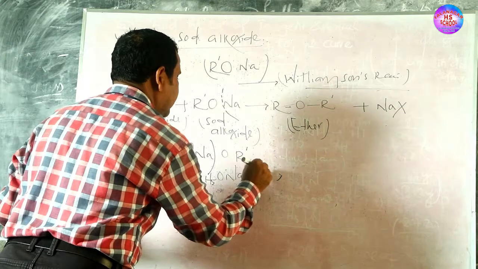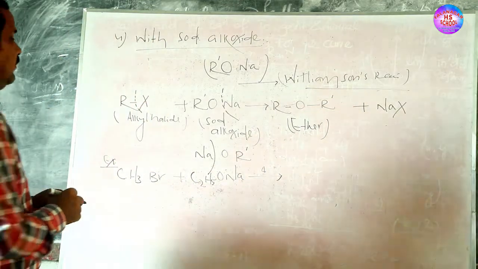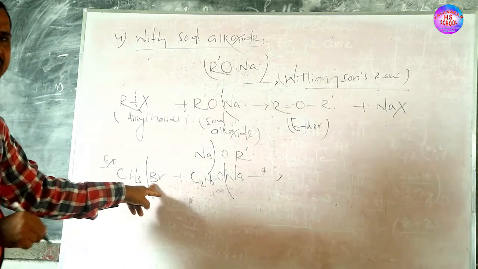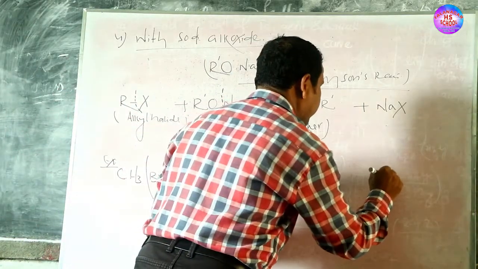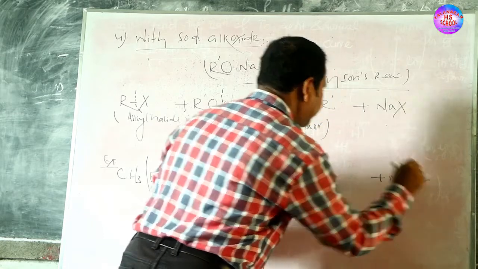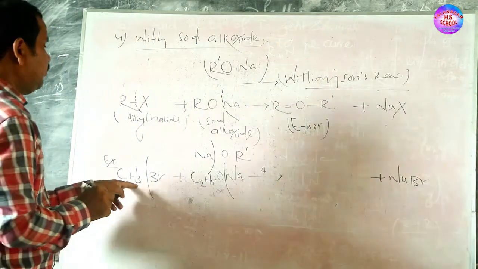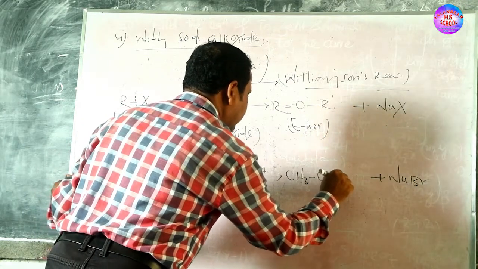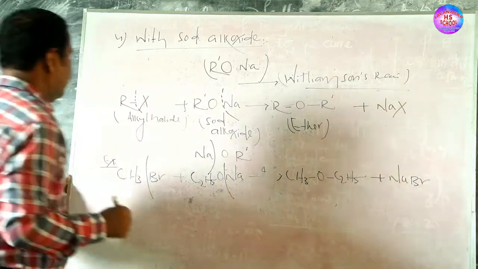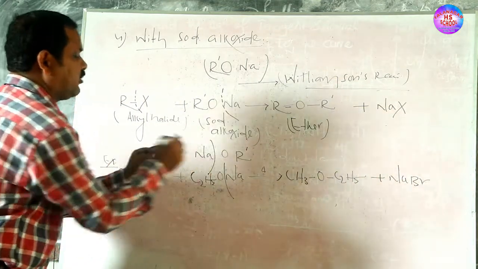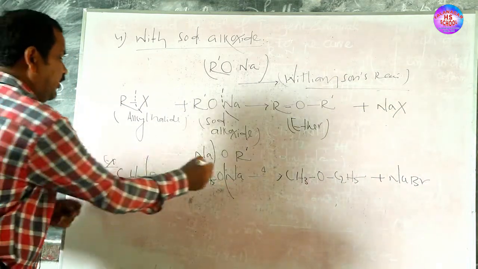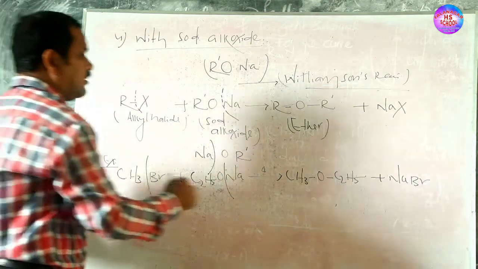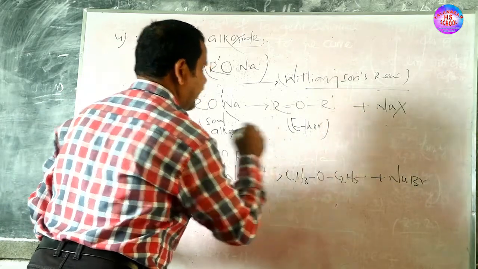Upon heating, we get sodium bromide, and methyl group CH3 single bond O single bond C2H5. CH3 will be bonded to this oxygen atom. CH3 single bond O single bond C2H5. It is called methyl ethyl ether.